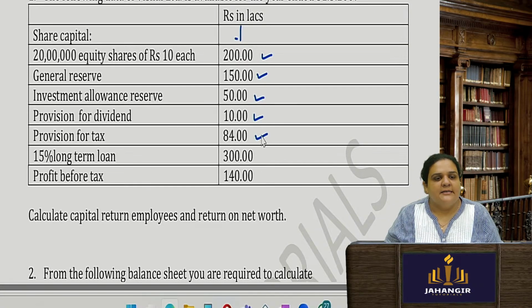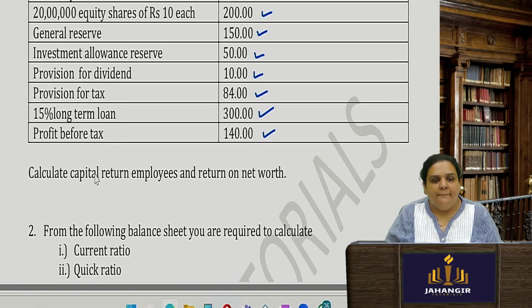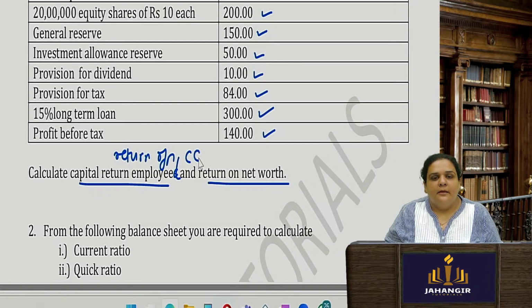Provision for tax 84. 15% for the long term loan, which loan amount is 300 lakhs. Profit before tax is 140. Calculate return on capital employed and return on net worth. Basically, they are saying return on capital employed and return on net worth.